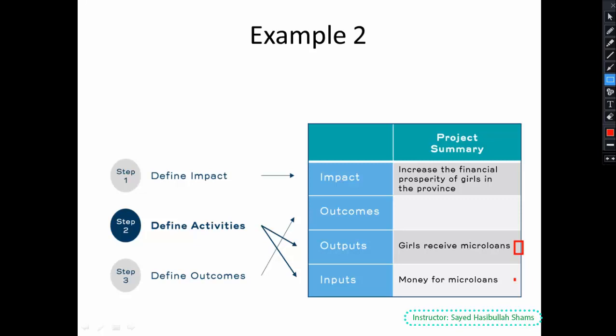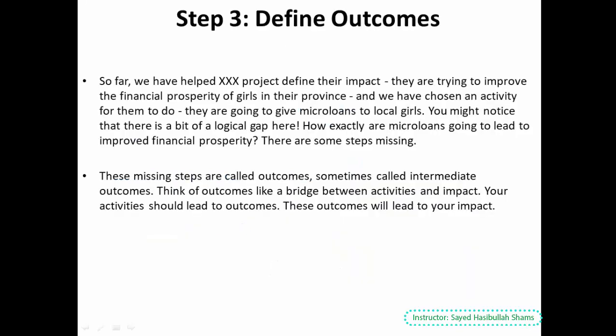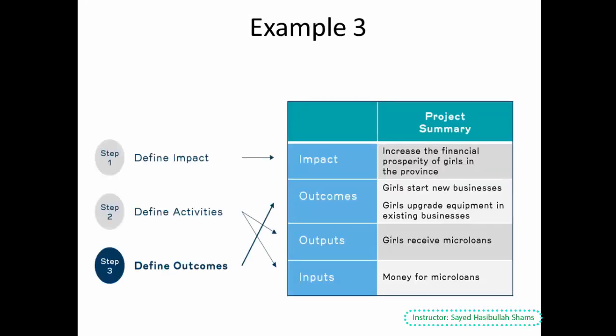What will be the change in the project? So this is called outcomes. So here, the girls start new businesses and girls upgrade equipment in existing businesses. So this is the outcome.